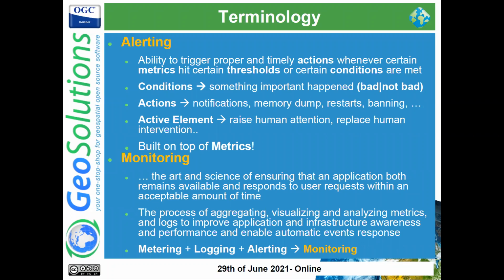So notifications could be Slack messages, could be email, could be paging the system administrator, and so on. And there's also an active element, which could be human intervention or some sort of automated tool that takes care of fixing the infrastructure for you. Alerting, of course, is built on top of metrics because alerts are triggered by metrics.